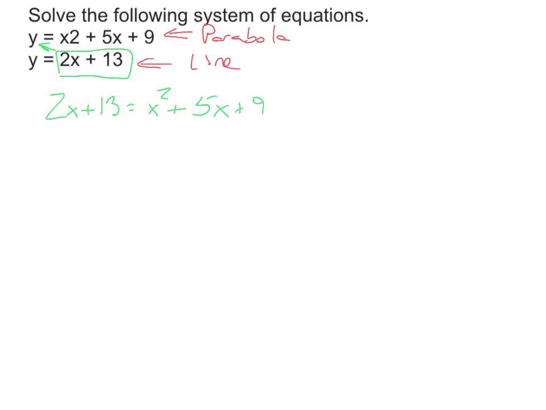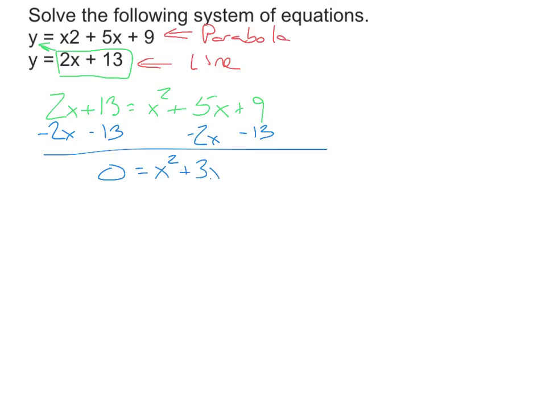And all I did was some substitution there. All right, now essentially I have a quadratic equation that I need to solve. So anytime I want to do that, I get it equal to 0. So I subtract 2x on both sides. I'll also subtract 13 on both sides. And so 0 equals x squared plus 3x minus 4.